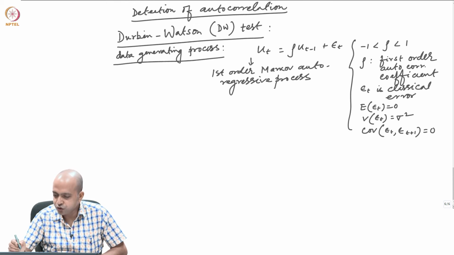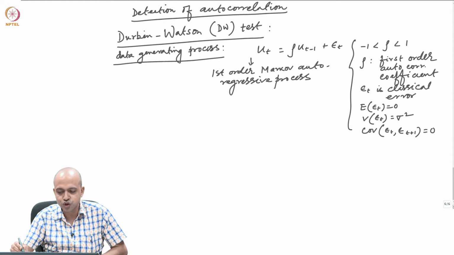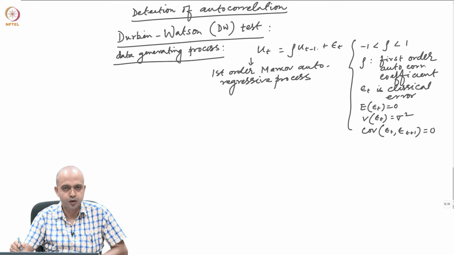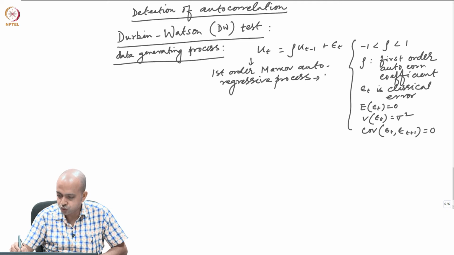Okay. Why first order? Because here we are assuming that there is only one period lag in the equation of the error term. Ut is correlated only with ut minus 1. Whether ut is correlated with ut minus 2 or ut minus 3, that actually we do not know. So, we assume this is only first order Markov autoregressive process. In short, this process is also known as AR1 process.